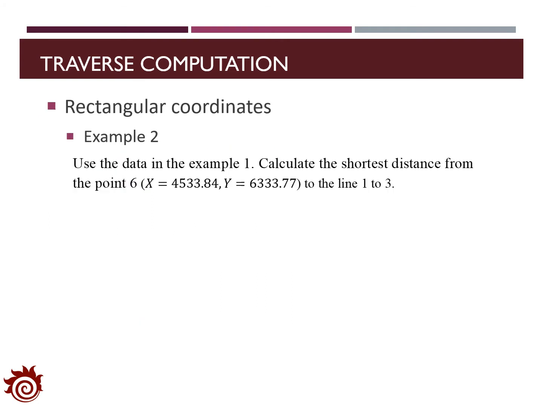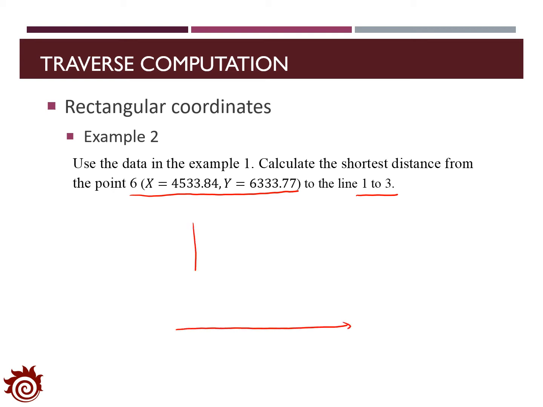Now let's check one example to see how we can calculate the distance from one point to a line. Here we will use the data as shown in example 1. We want to find out the distance from the point 6, whose coordinates we are given, to the line 1, 2, 3. First of all, we need to identify the locations of the point 6 and the line 1, 2, 3 in the coordinate system.